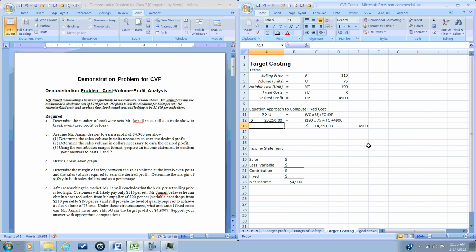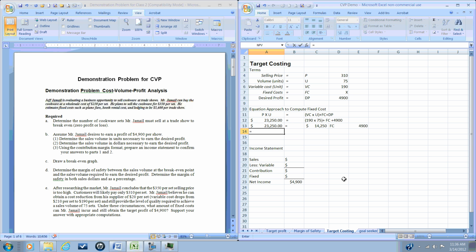So now we know that our sales of 23,250 has to equal 14,250 plus the unknown fixed cost plus our desired profit. So when we bring over the variable costs and the desired profit, they will become negative amounts.